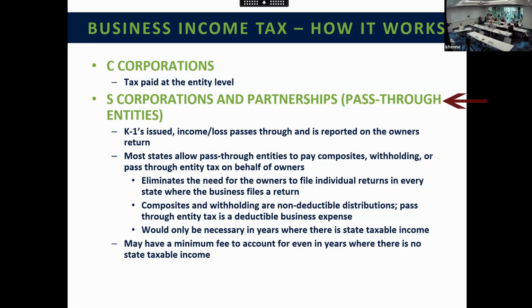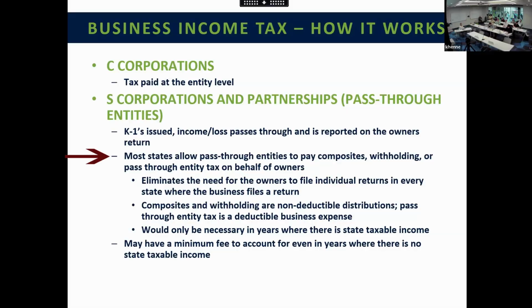So then S corps and partnerships are pass-through entities. When we're filing states on these returns, we're issuing state K1s the same way we issue Fed K1s. So it'll have one for all the partners, it'll show their income allocated to that state, and it'll show the payment that was made on their behalf if there is one.